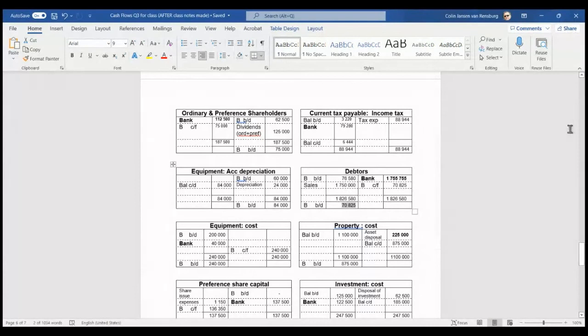Now, ladies and gentlemen, I'm going to say something, and I'm going to say it probably 100 times over the next week or so. The reason why I'm saying it so many times is I want you to hear my voice in your heads when you're doing these reconstructions. Where does that 70,625 come from?